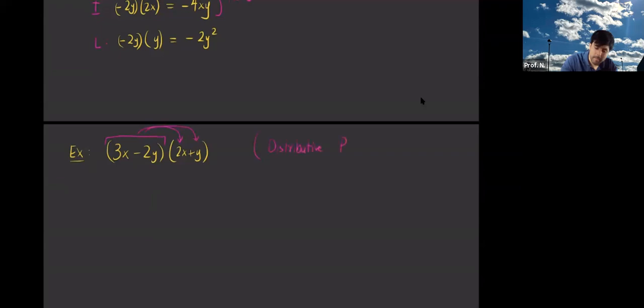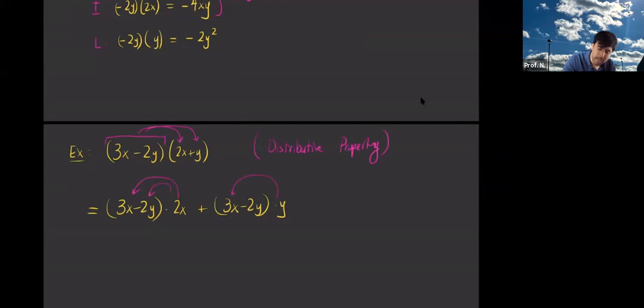So then I can say that this is 3x minus 2y multiplied by 2x. Then I'm adding 3x minus 2y multiplied by y. And then what am I going to do with that 2x on the outside of the parentheses?